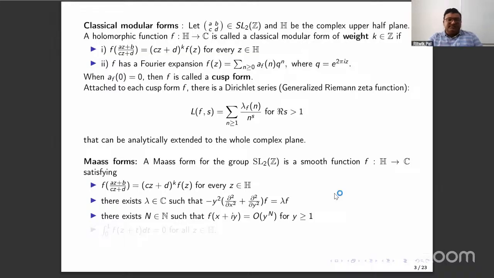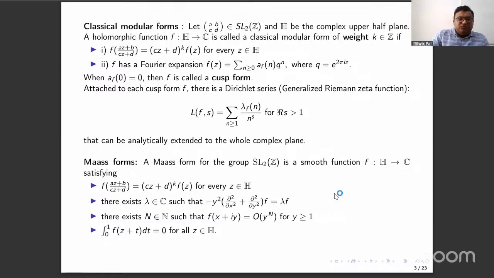Third, it has to satisfy some growth condition with respect to y, where z is represented by x plus iy. And fourth, the integral from 0 to 1 of f(z plus t) dt will be 0. If a form satisfies all those four conditions, it is called a Maass form.